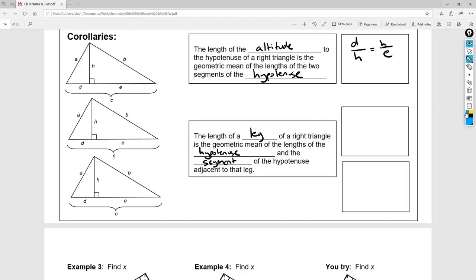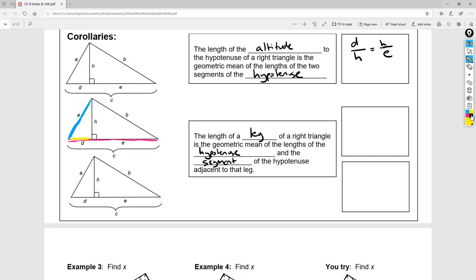Let's use some colors here. So let's talk about A first. If we consider leg A, we're using our hypotenuse, but then we're also going to be using the segment adjacent to that leg, which is just D here.